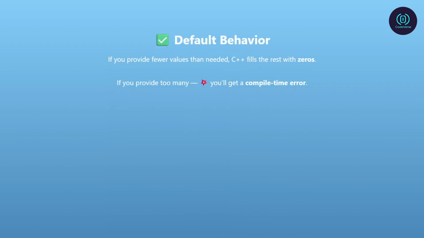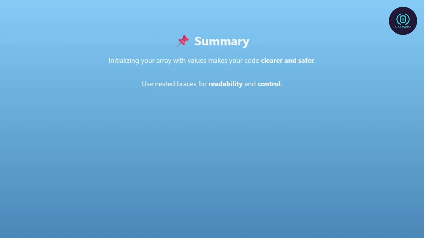Keep in mind, if you provide fewer values than needed, the rest will be filled with zeros. But if you provide more values than the array can hold, the compiler will give an error. So, always match your initial values to the array size. To summarize, initializing a 2D array gives it real data from the start. And helps you write cleaner, safer, and more predictable code.